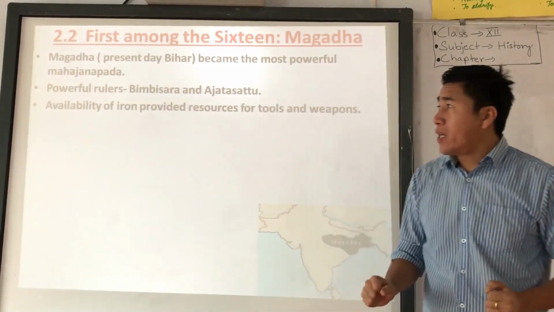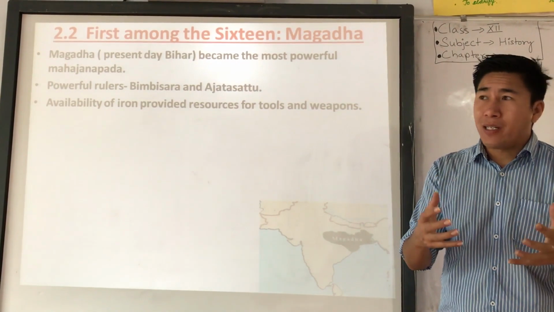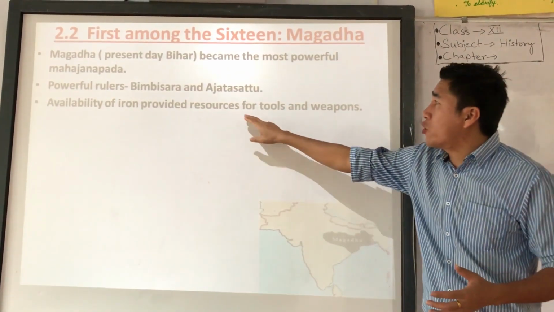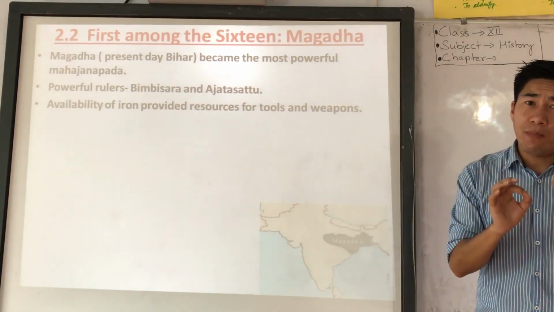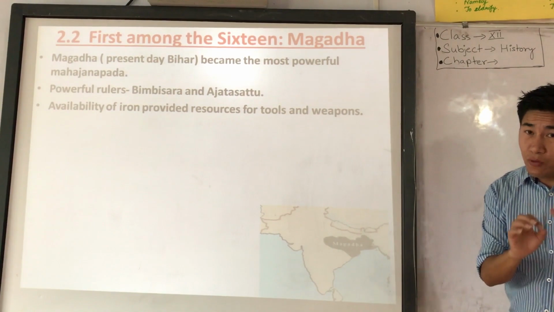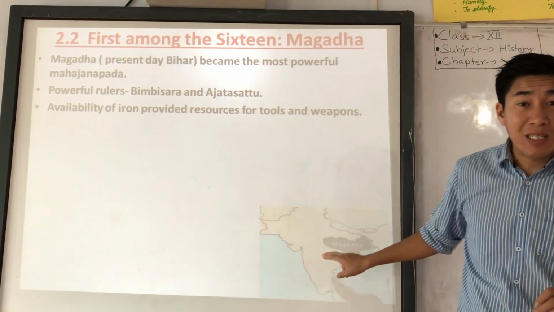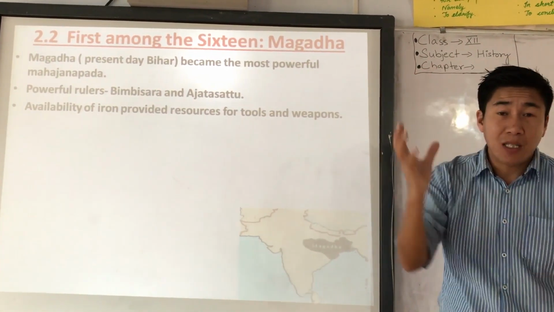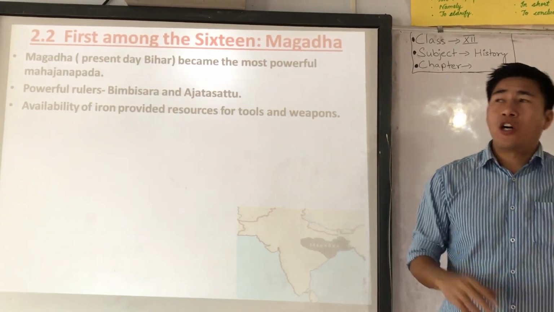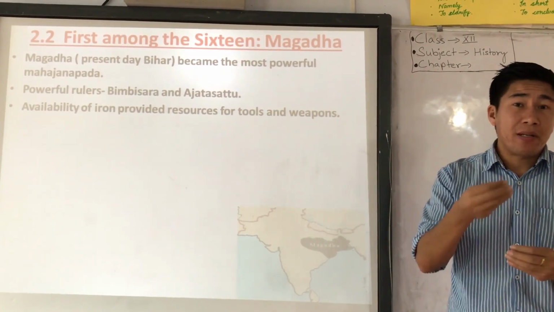And the second point, why it is considered powerful is because availability of iron provides resources for tools and weapons. If you remember, present day Bihar, right? If you have heard about the place called Jharkhand in the Indian state, during that time Jharkhand was a part of Bihar. And around 2000, it became a separate state.